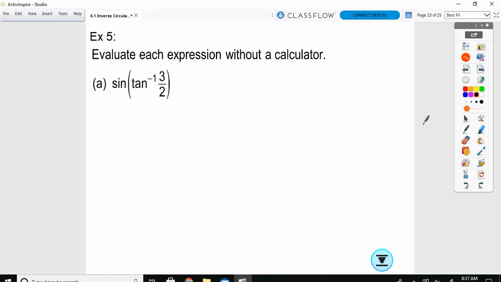So I'm telling you to find this without using a calculator. And I have two things, a sine of tangent inverse. The answer to an inverse problem is always an angle. So when I say tangent inverse 3/2, that means tangent from some angle equals 3/2.